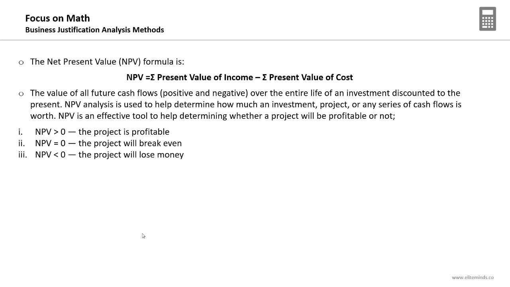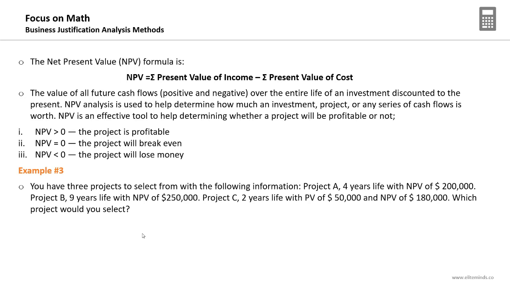If the net present value equals 0, it means that the project will break even. If it is more than 0, it's positive, then the project is expected to be profitable. While if the net present value is less than 0, then the project will lose money. It's not worth investing.